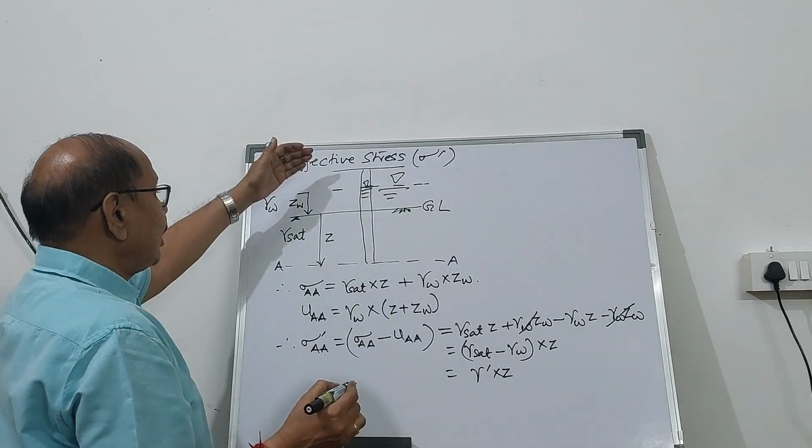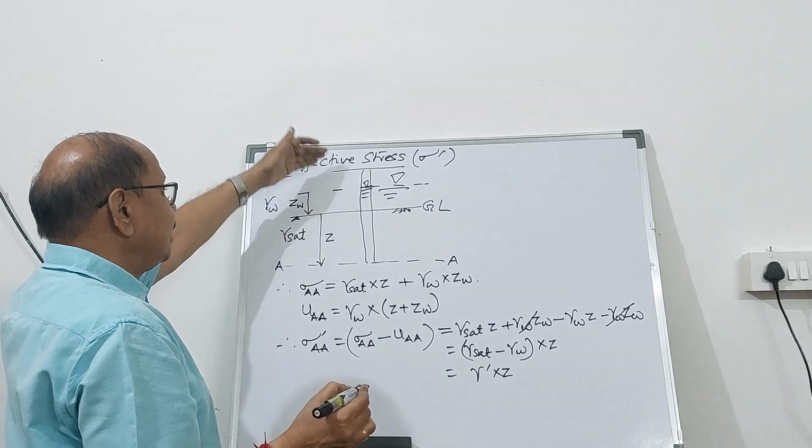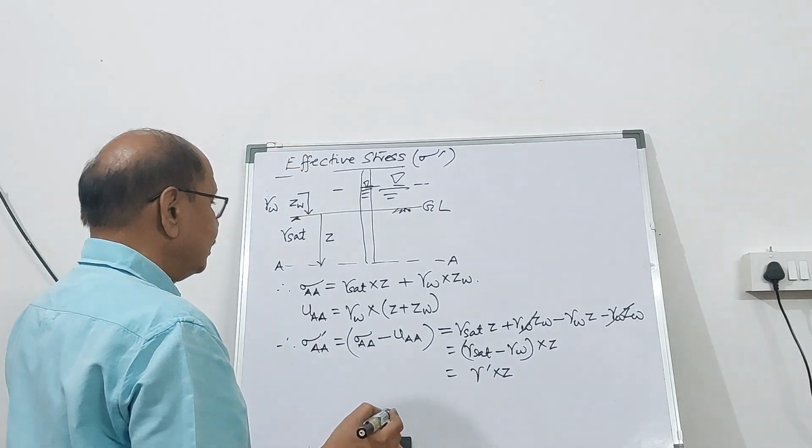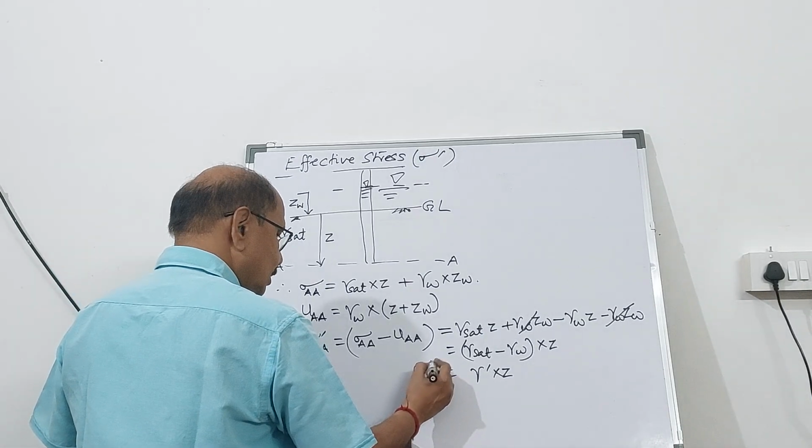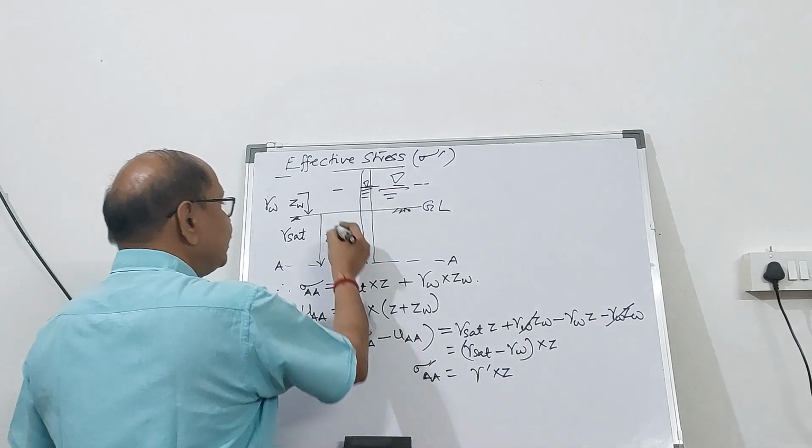So if the water column goes above the groundwater level, the effective stress is not going to change.